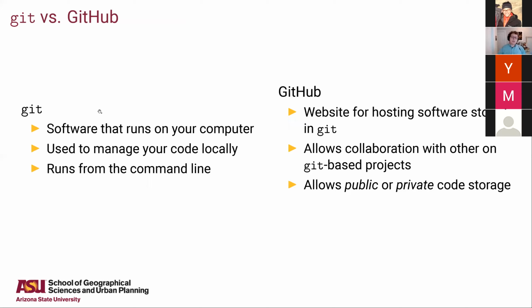On GitHub, you can store your code either publicly, so anybody can view it and do what's called forking it, where they create their own copy and they can modify their copy, and then you can pull those changes back in if you want. Or it can be private, just you and your collaborators. And in order to use GitHub, you have to use Git, but you can use Git without using GitHub. The software doesn't require the website.